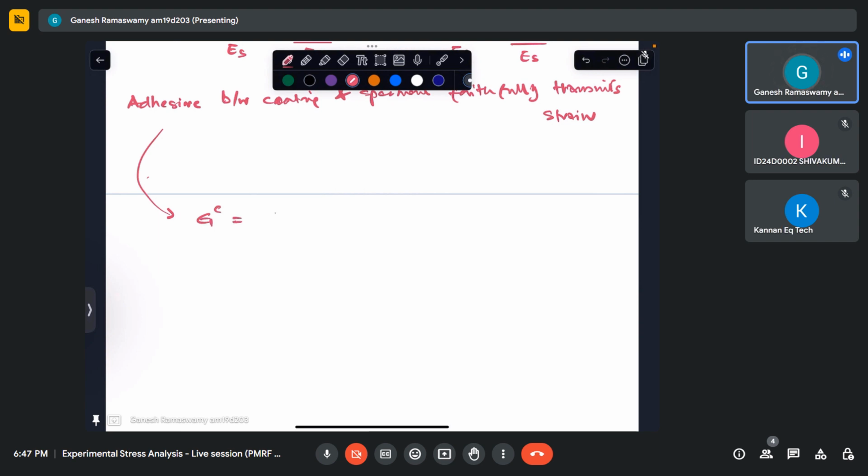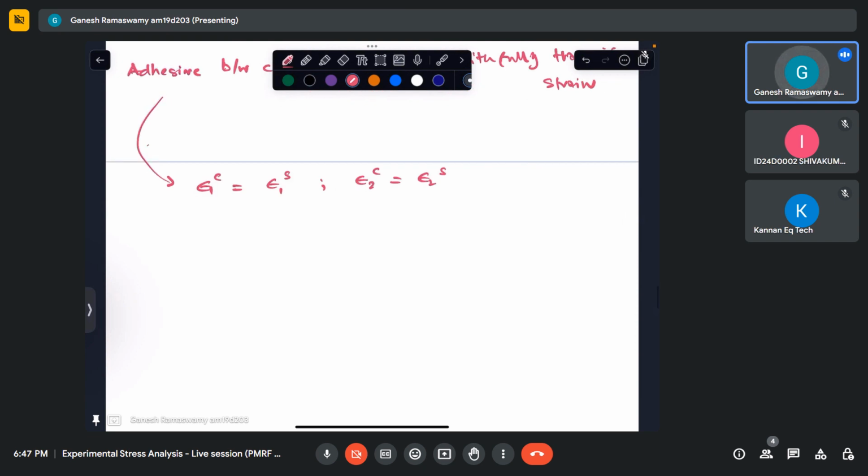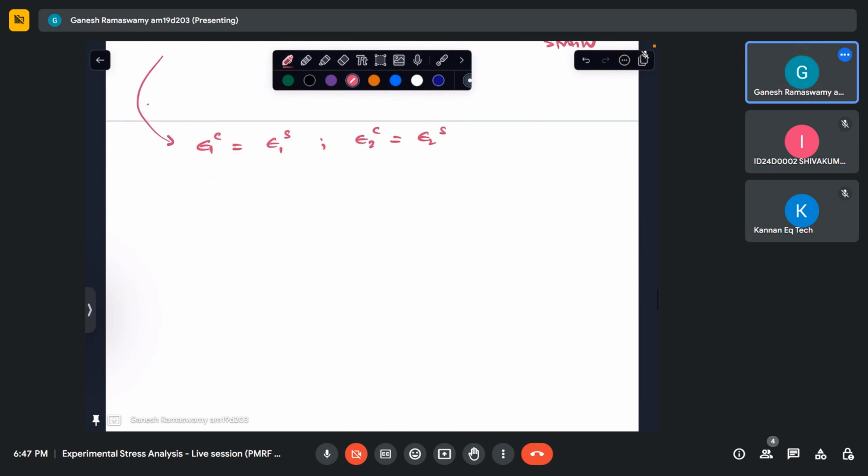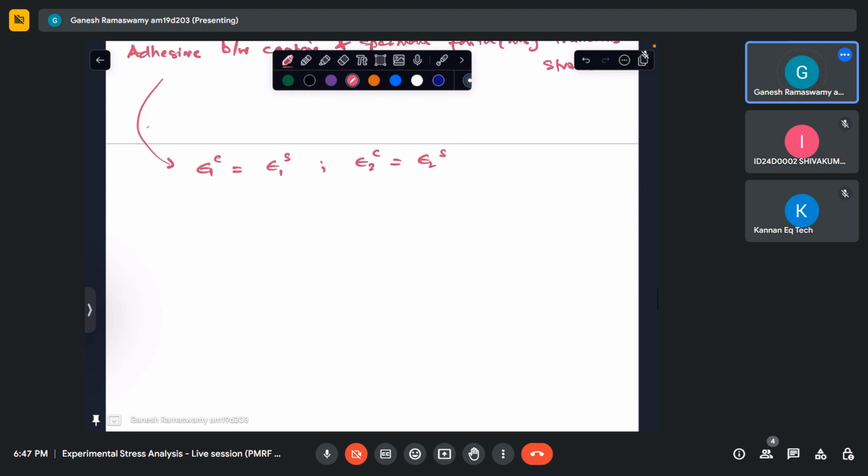So now the strain in the coating we know is, if I were to expand this, this quantity is equal to this quantity.